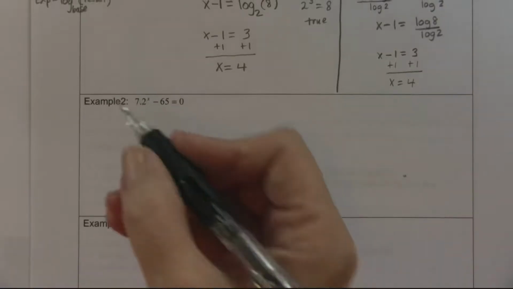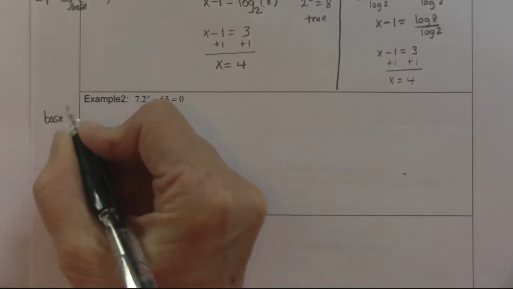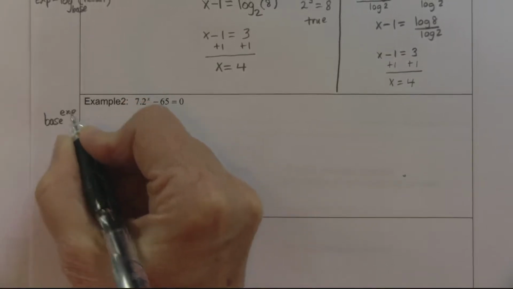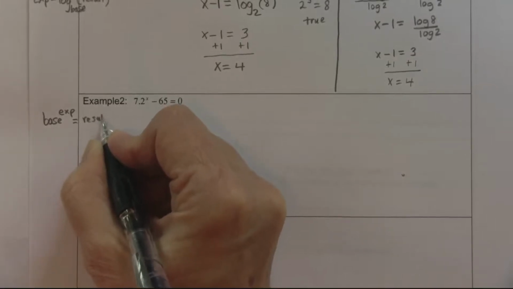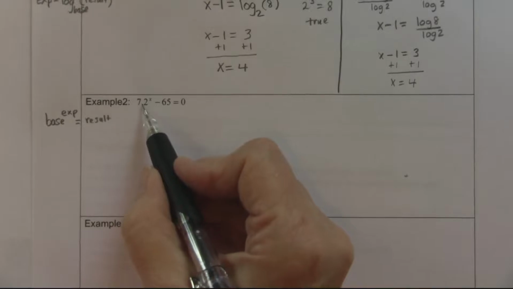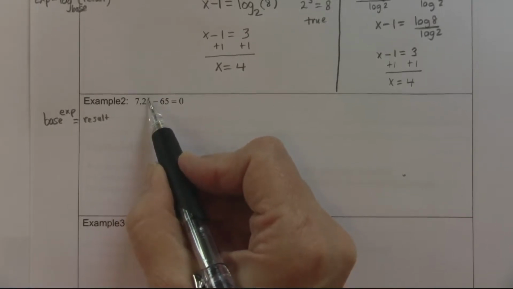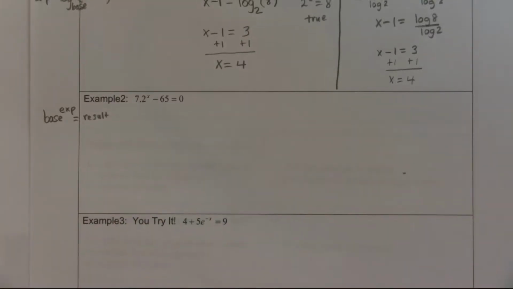Okay, this is not of the form, because remember the form you want it in is a base, an exponent, and then equals a result or a number over here. So 3 pieces is what I want. And I'm looking at it. I have the base, I have the exponent, but I have minus 65 instead of equals something.